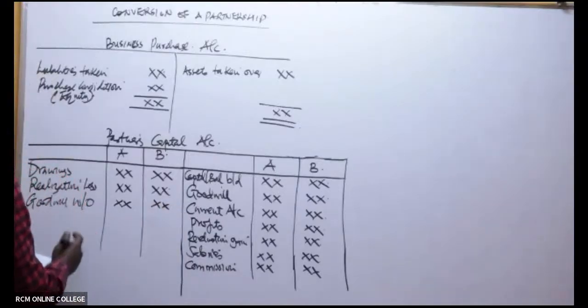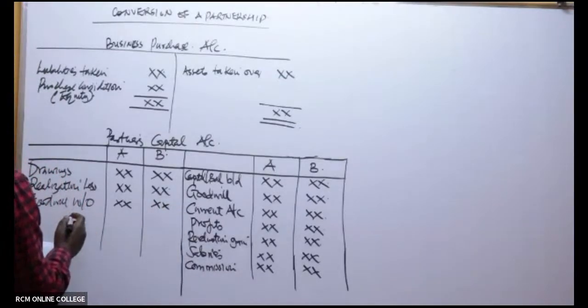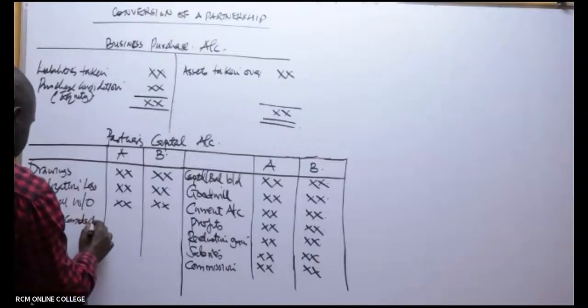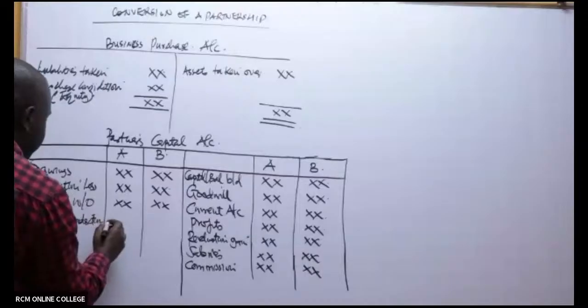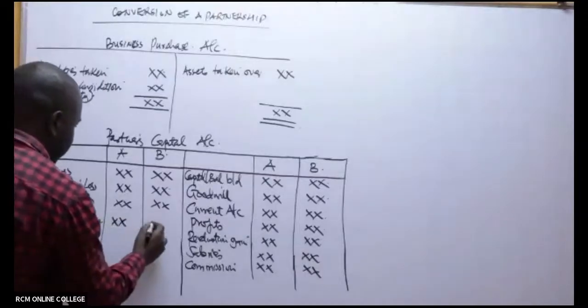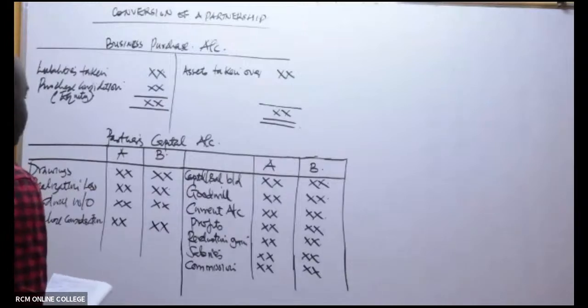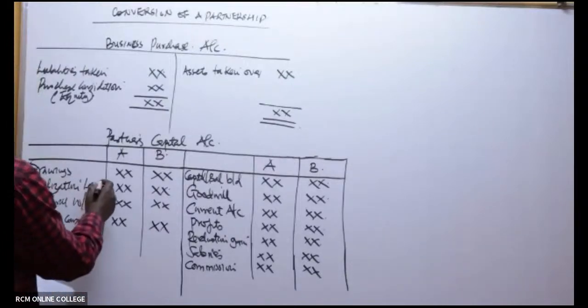Then you can also put the purchase consideration here. The purchase consideration will likely be the balancing figure.